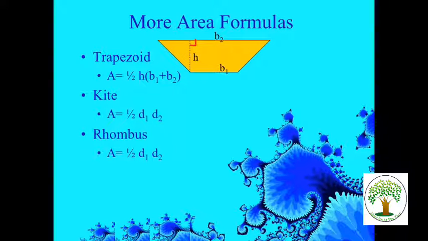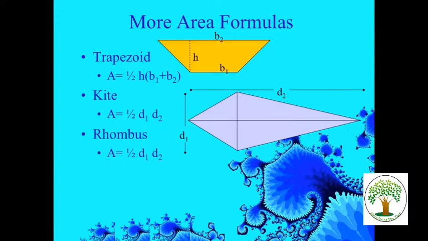What do you know about the diagonals of a kite? Don't they intersect perpendicular? They do. Well, they don't bisect each other, but they are perpendicular. It actually does bisect one of them. And then a rhombus. They're also perpendicular to each other, and the diagonals are the lengths of those.